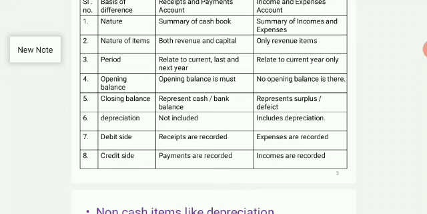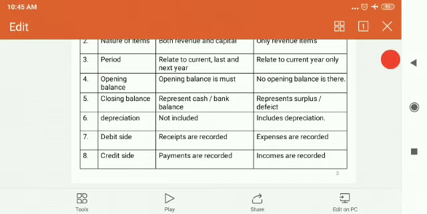The income and expenditure account represents the surplus, that is the profit, or deficit, that is the loss. Next, depreciation. The receipts and payments account does not include it, as it is a non-cash item. The income and expenditure account includes depreciation, as it is a loss on the fixed assets used by the business.